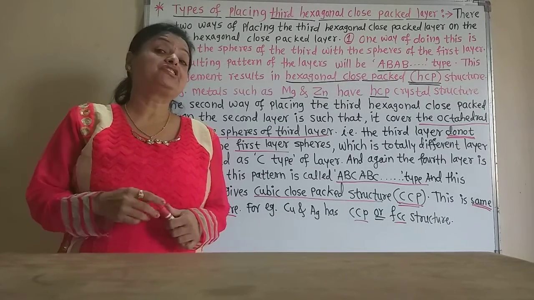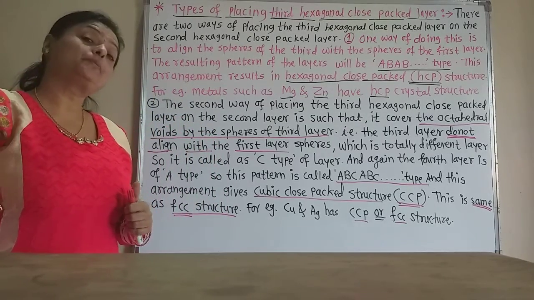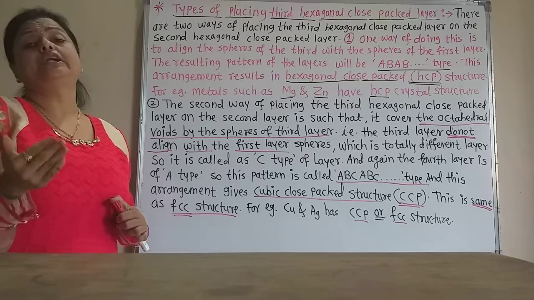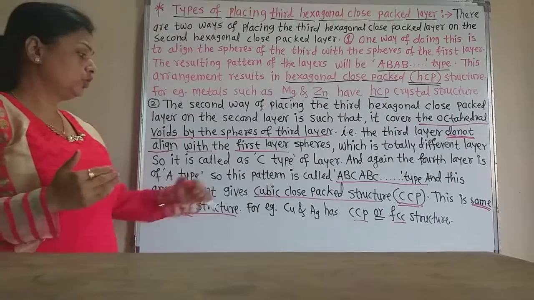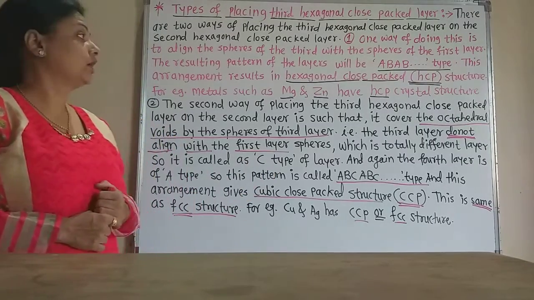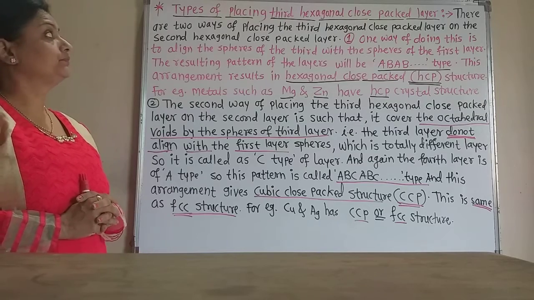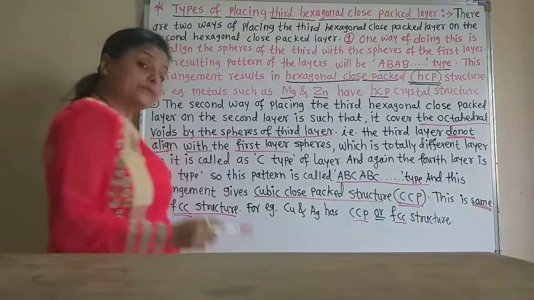But those three-dimensional structures are of two types, that is the hexagonal close pack and FCC, face centered cubic, which is also called the cubic close pack. Now how these two types of structures are formed, let us learn. So, types of placing the third hexagonal close packed layer.